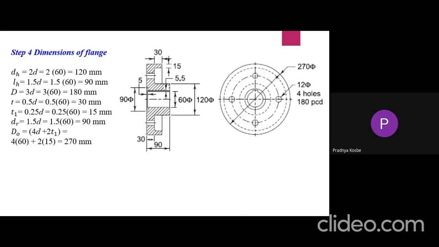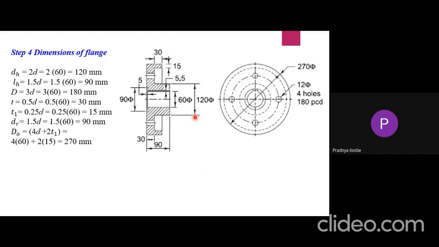Then step 4 is the dimensions of a flange. In the case of dimensions of a flange, there are empirical relationships which are given. Here dh is the diameter of the hub.